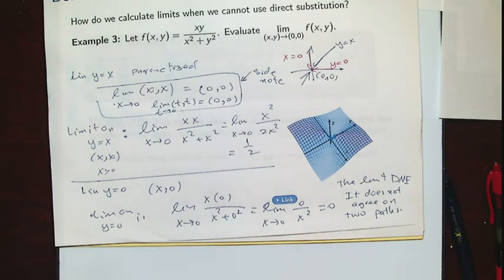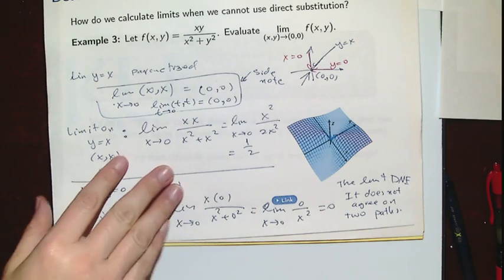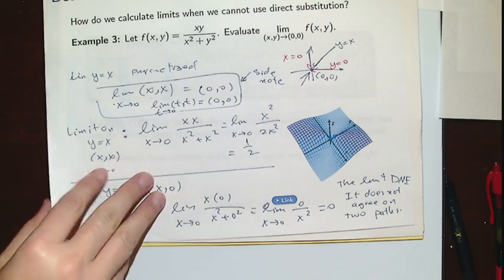So you can see through the creases on the surface of the graph that different paths lead you to different points over 0, 0. It has a crease on top and a crease on the bottom, and on the sides it goes to 0. The top goes to 1/2, the bottom goes to negative 1/2. That's the fun part.